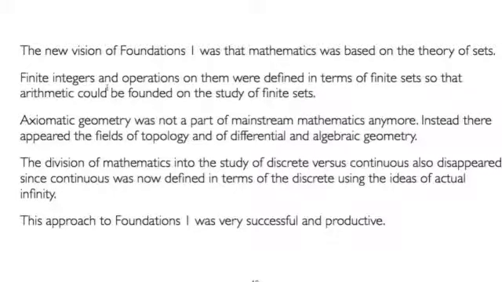Finite integers and operations on integers were defined in terms of finite sets, and arithmetic therefore could be reduced to the study of finite sets. Axiomatic geometry was non-existent. It stopped being a part of mainstream mathematics. Instead, there appeared fields of topology and differential and algebraic geometry.